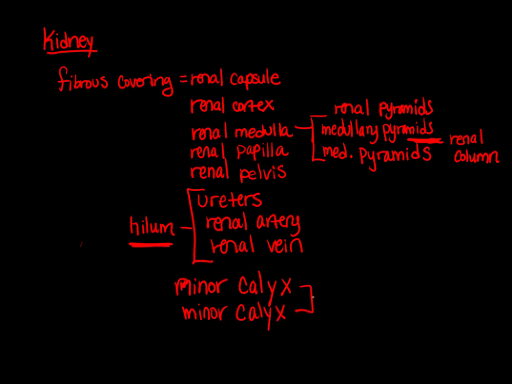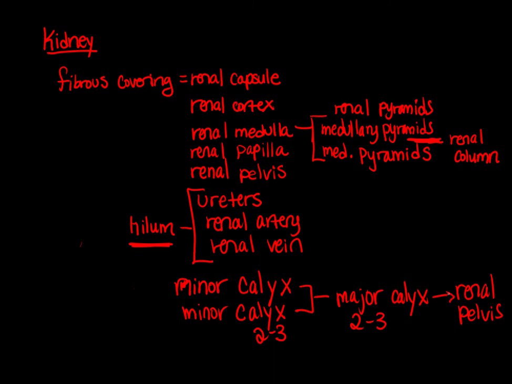Two or more of these, so usually 2 to 3 minor calyces, will drain into a major calyx. And usually a major calyx, 2 or 3 major calyces, will then drain into the renal pelvis.